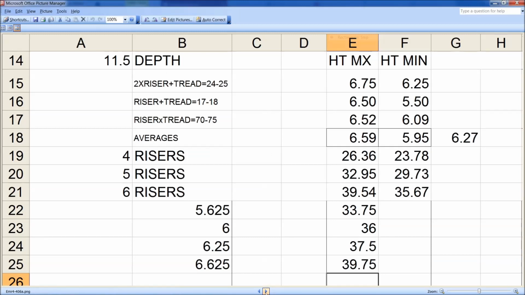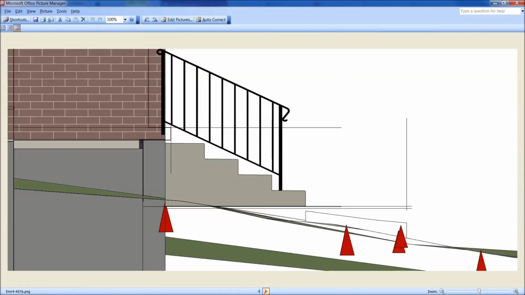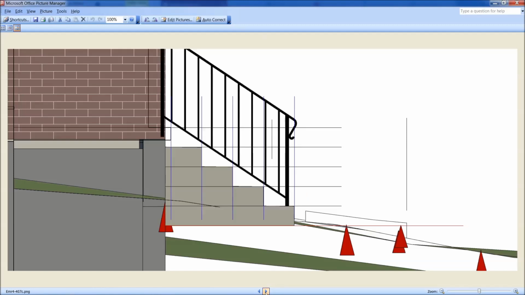For the start, I started with making our tread depth 11 and making our riser 7, just to see what that would do. What will 35 inches do for us going into that ground? When you do that, they become shorter, because the treads have to be shorter at 11 inches even. So they come back 4 inches and they get quite a bit lower into the ground, where now this sidewalk out here would only be, it looks like, 7 or 8 inches off of the grade at that point.